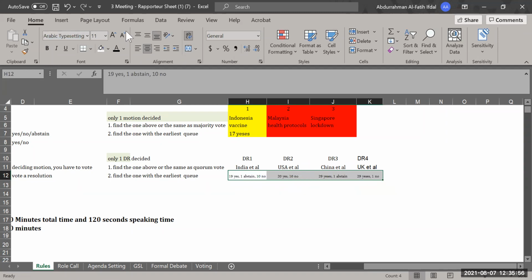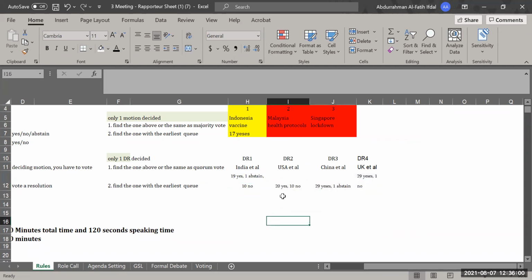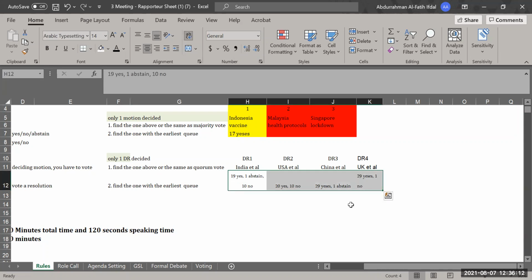Now I want you to again answer the same exact question regarding this simulation. So we have 4 draft resolutions from India, from United States, from China, and from United Kingdom, with the following summary of the voting results.